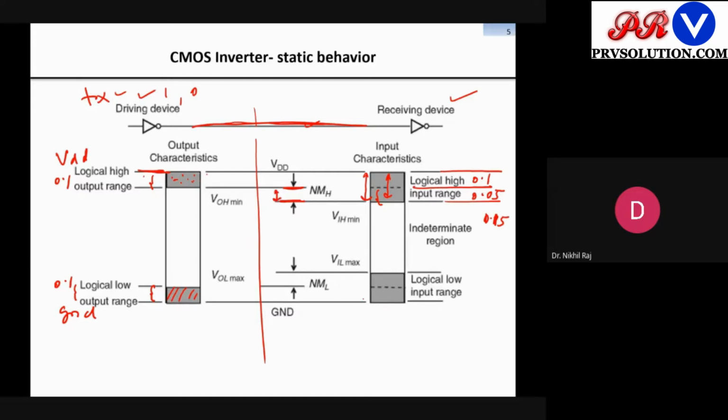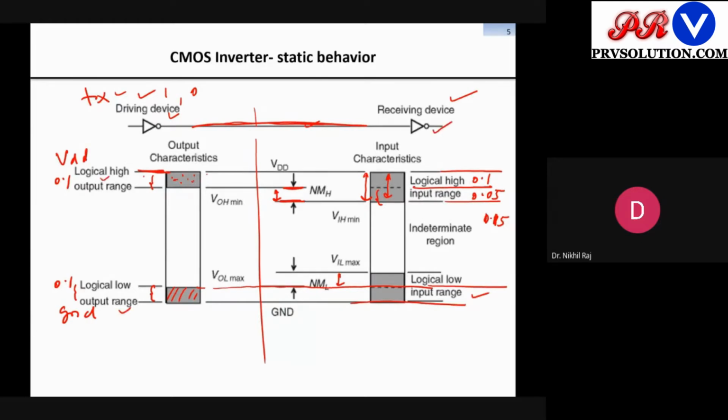Similarly, in the low logic, suppose this is transmitted here, so this is my actual output which is transmitted as an input to here. But due to noise, this is the deviation which is seen here. So for this particular device, 0.1 is the logic high and 0.1 is the logic low.